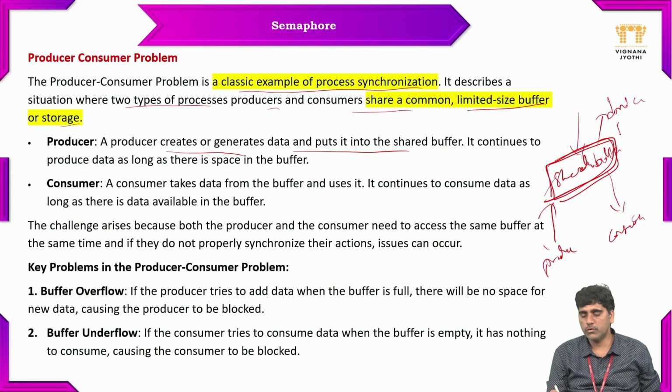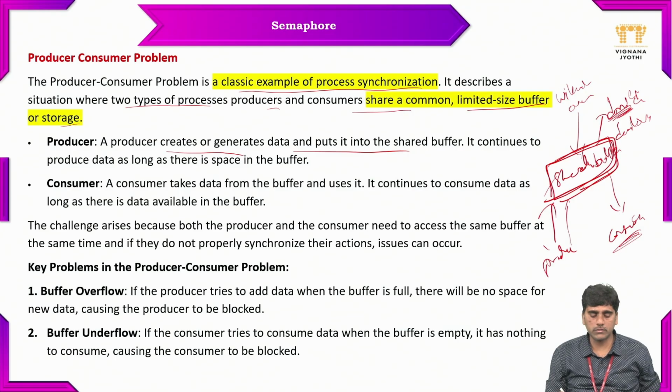The producer has to ensure that the shared buffer will not overflow, and the consumer will make sure the shared buffer is not empty.